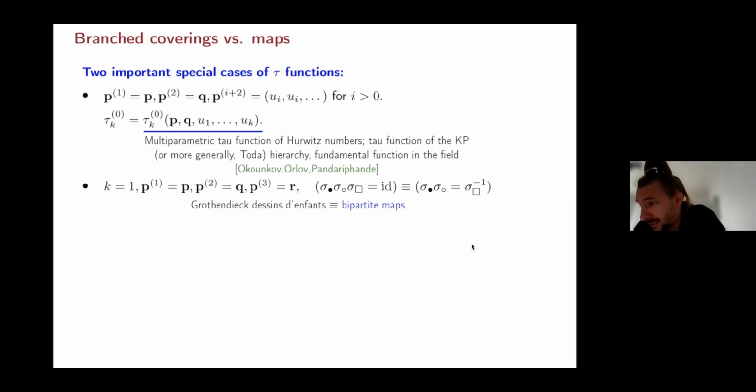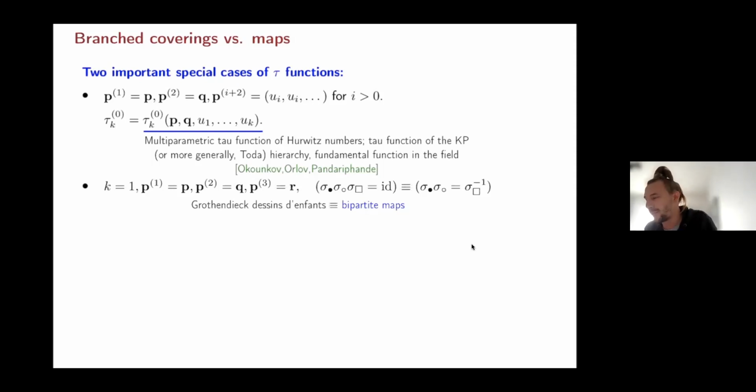There is also a second important case for us, and this second important case is slightly different. Namely, I don't want to kill these infinite families of variables, but I don't want to have too many of them. So I will keep only 3 infinite families of variables. And again, from a geometric point of view, this model is very important because this is something which is called Grothendieck's dessin d'enfant.